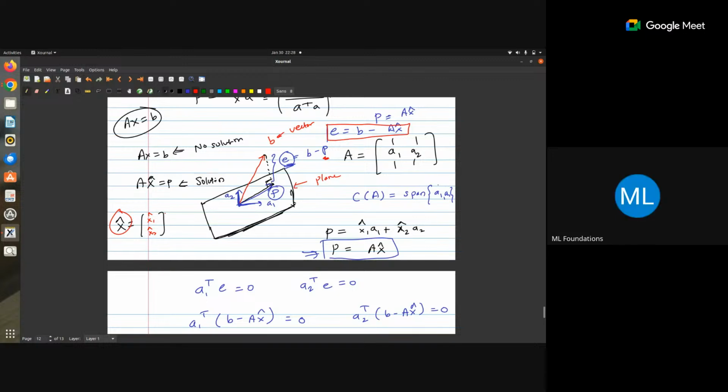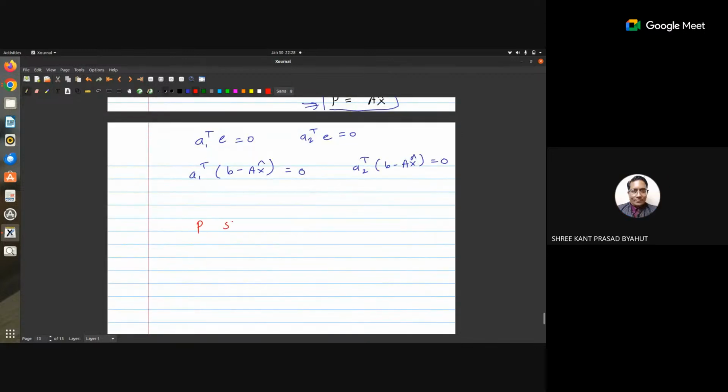So why are they coefficients? Let us say P is in this solution space, that means in the plane. What does that mean? It is in the span of A1, A2. P should be in the span of A1, A2, right?